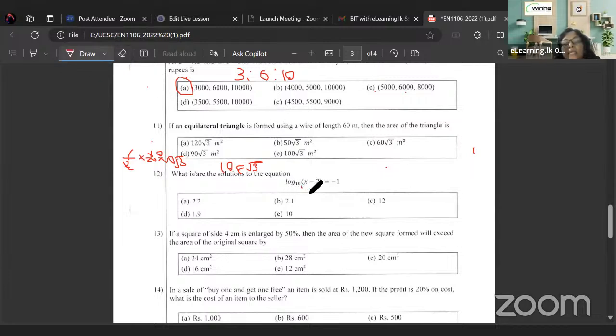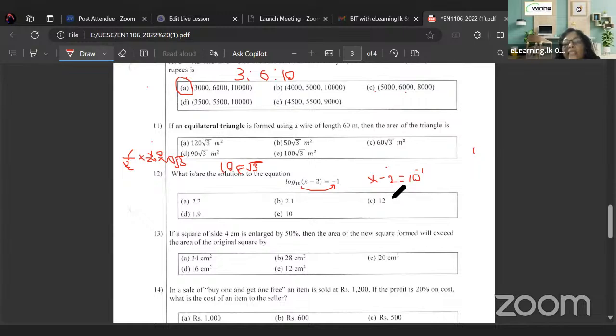This base will go into here as the base of minus 1, right? So x minus 2 is equal to 10 to the power minus 1, right?